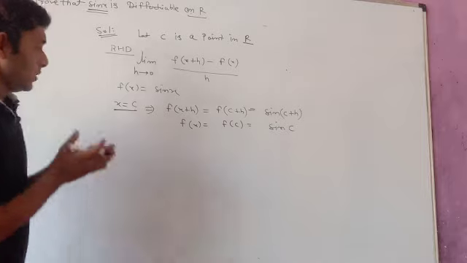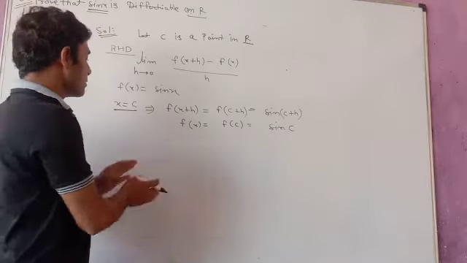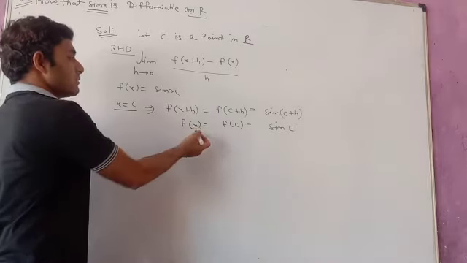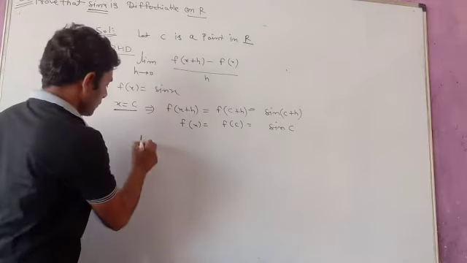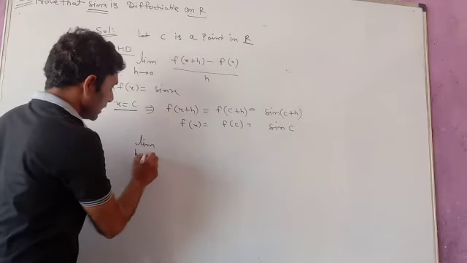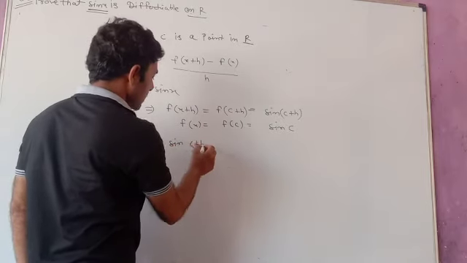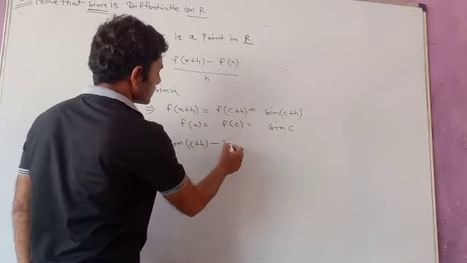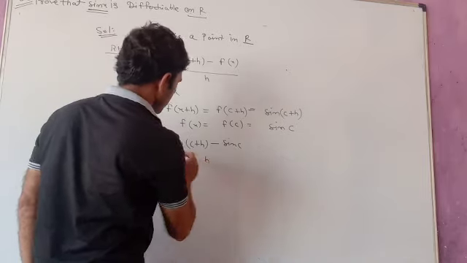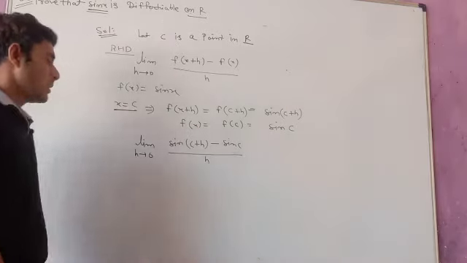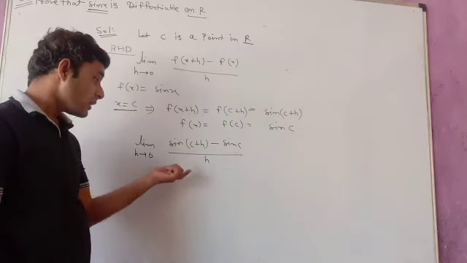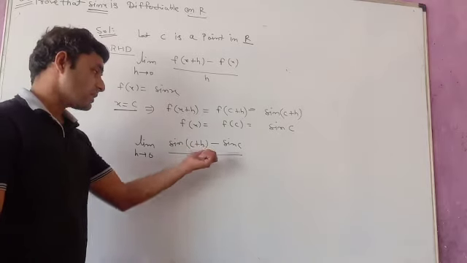Now we have to substitute these values in our formula for RHD. Limit h tends to 0 of sin(c plus h) minus sin c upon h. We have to calculate sin(c plus h) minus sin c.